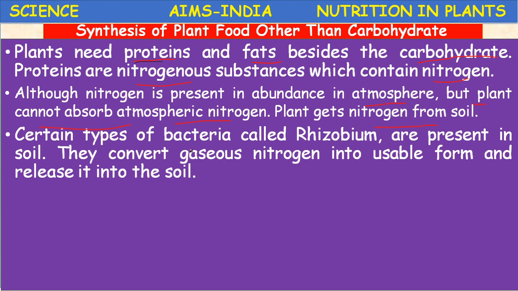So in order to use that nitrogen, the plants take help of certain type of bacteria. Certain type of bacteria called rhizobium bacteria are present in the soil. It's a free living bacteria. They convert the gaseous nitrogen into usable form and release it into the soil. Okay, the nitrogen present in the atmosphere is trapped by the rhizobium bacteria present in the soil, which convert that gaseous nitrogen into usable form and release it into the soil.